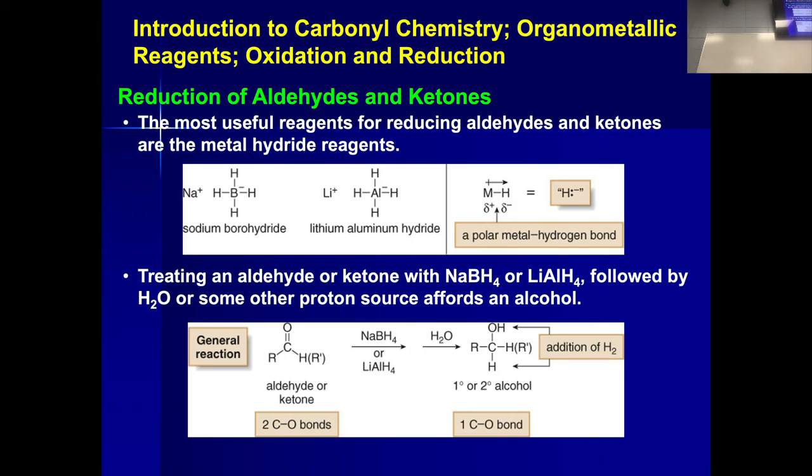Okay? You will find me referring to lithium aluminum hydride as LAH. That's the common abbreviation for it. I will hold you to that on an exam. If I say this plus LAH, no, it's lithium aluminum hydride. Okay?